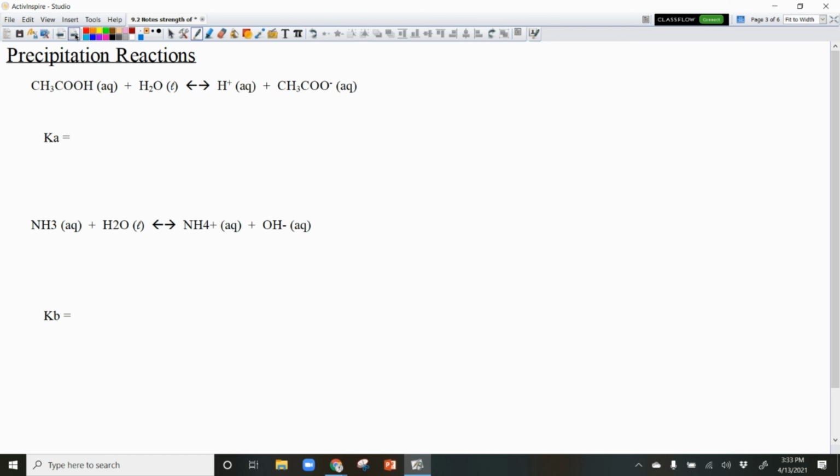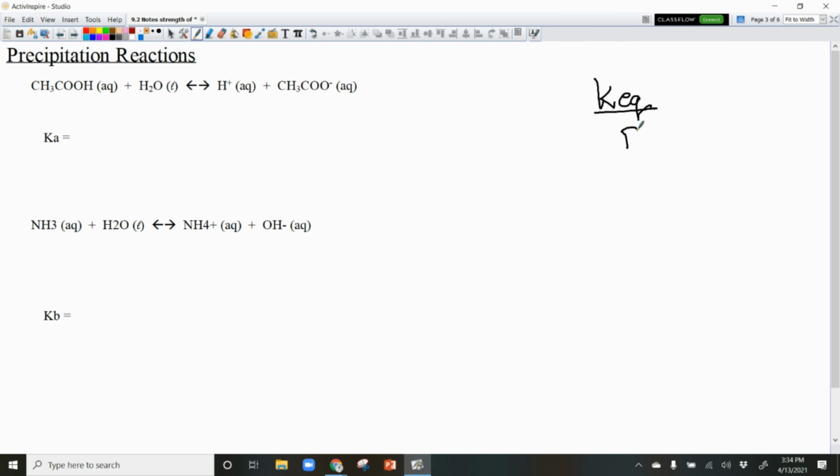All right, so when we talk about these strong acids and strong bases, we look at combining them with water, and then we have what's called a dissociation or an equilibrium constant equation. So remember in our last section we had Keq, right?